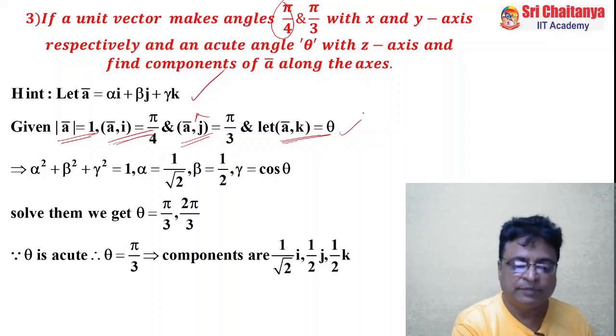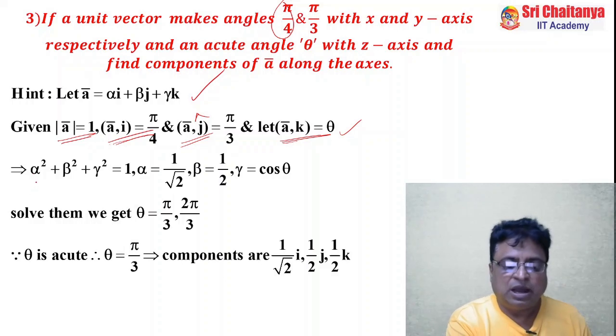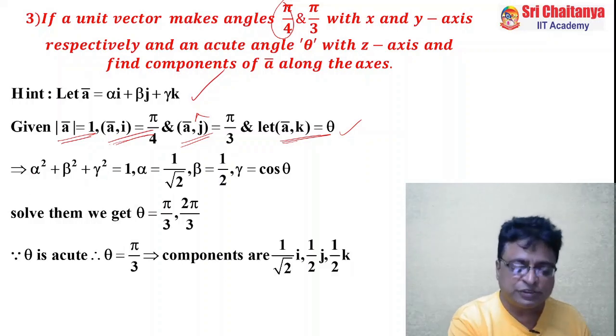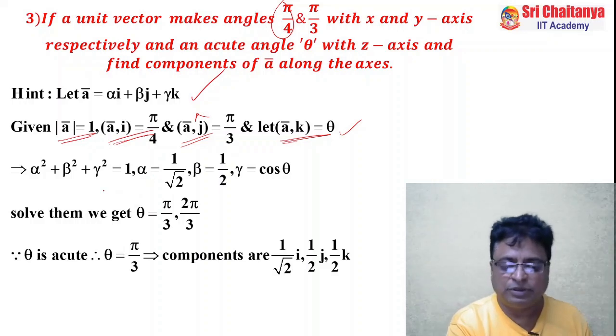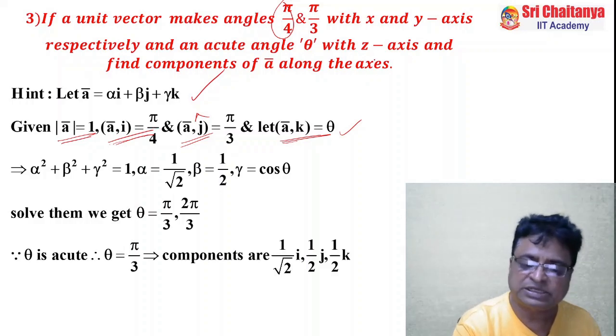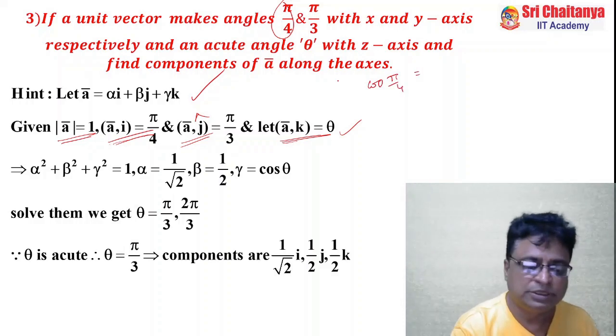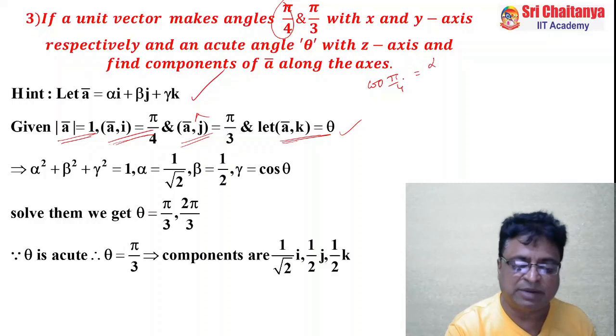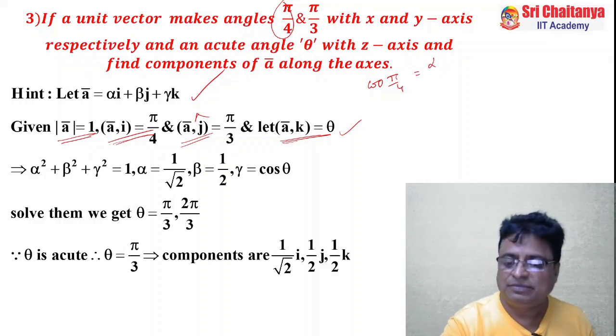Okay. But we know that alpha square plus beta square plus gamma square equal to 1. Why? Because it is a unit vector. So after simplification, what is the angle between a and i? It is pi by 4. That is cos pi by 4 equal to, this is alpha i plus beta j plus gamma k dot i, divided by the modulus.